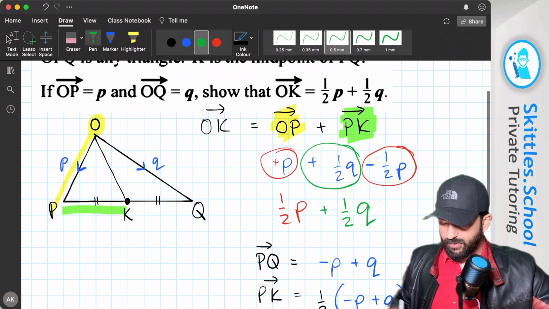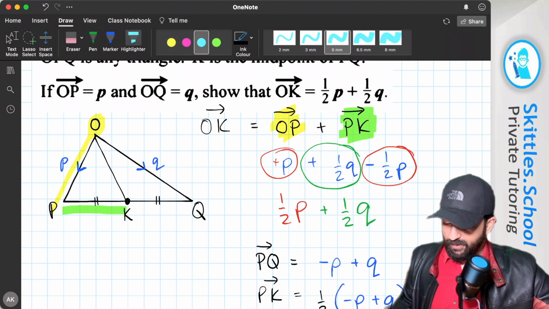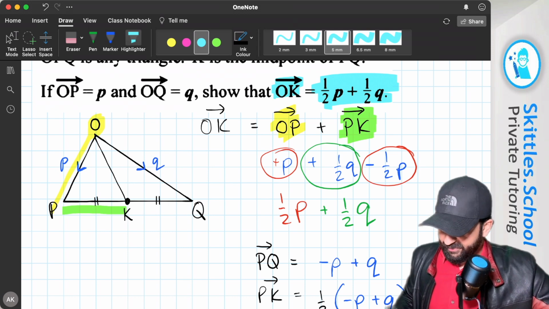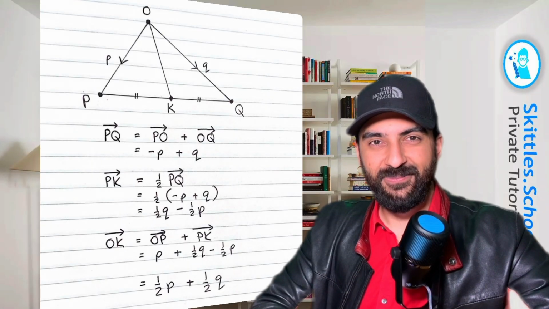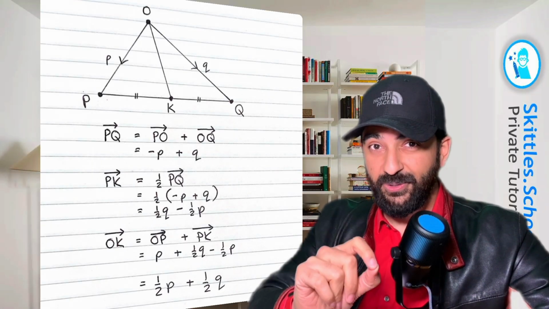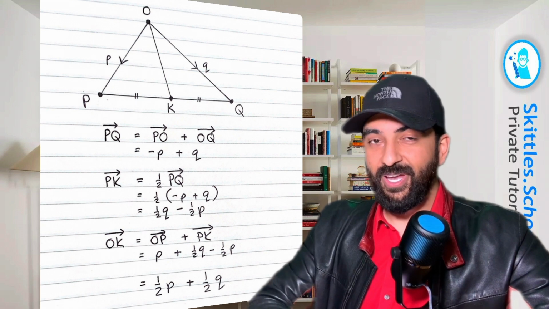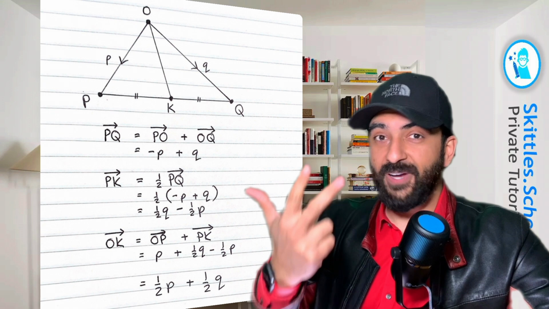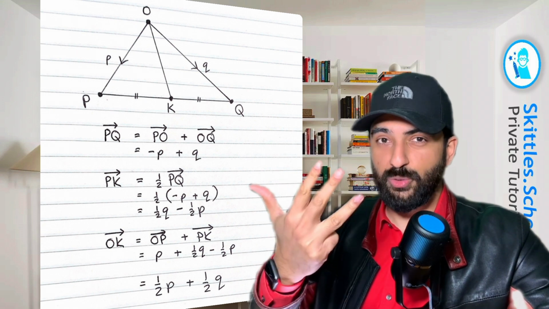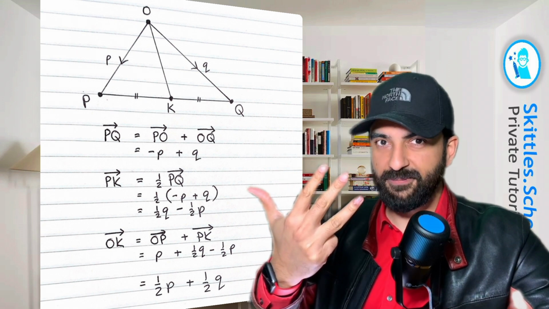And if you notice, we were asked to show that O to K is a half P plus a half Q. That is exactly what we've done. And that's all it takes. The key skills that I used in this question are vector arithmetic, fractions, factorising, and algebra, simplifying like terms.